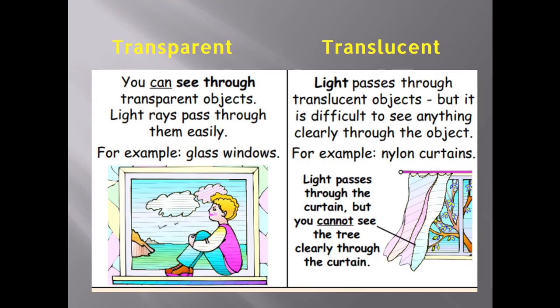There might be blackout curtains, you may not be able to see through them at all. But light passes through some curtains, maybe your blinds, for example. If you have blinds on the window, the blinds don't stop all the light coming through, maybe, but they do stop a lot of it. So you can see light coming through them, but you can't see clearly through them. So they are translucent.